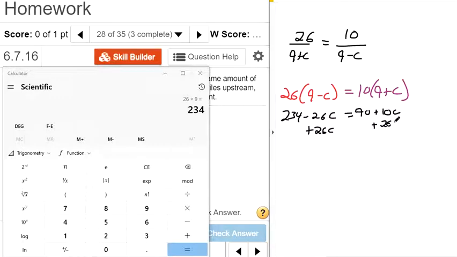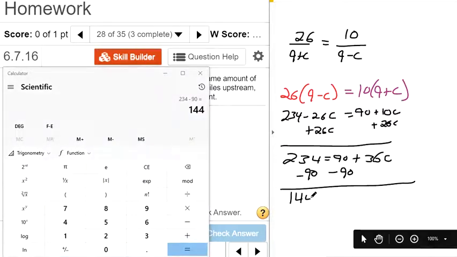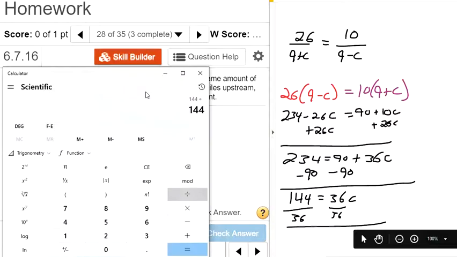That'll make it disappear on the left side. That way we just have to solve it on the right side. So I get 234 equals 90 plus 36c. So subtract 90 from both sides. Get 144 equals 36c. Then we got to divide both sides by 36. So we get c equals 4.